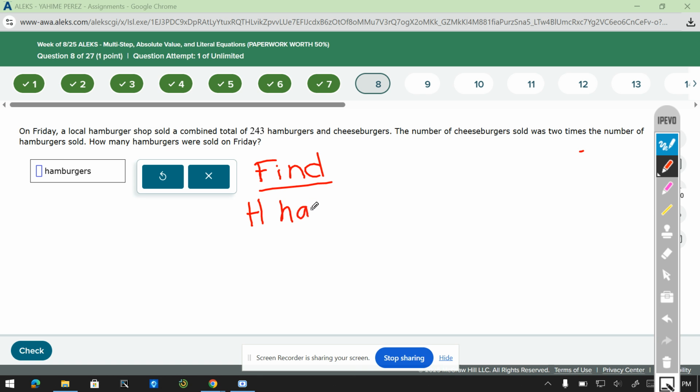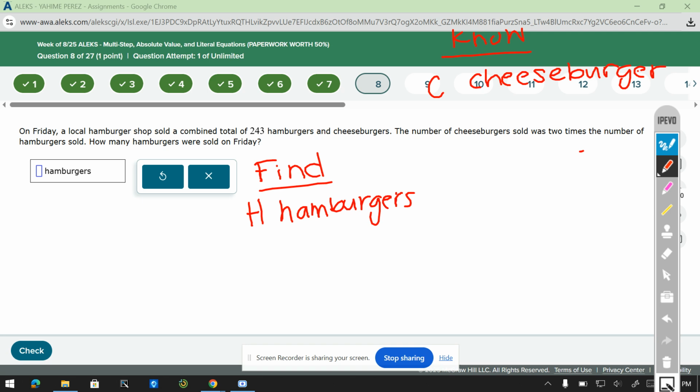So H hamburgers. But there is something else that was mentioned here that we don't exactly know what it is. We're gonna say C cheeseburgers, okay? Because we don't necessarily know a ton about the cheeseburgers. So let's go through what else we know from this word problem, right?